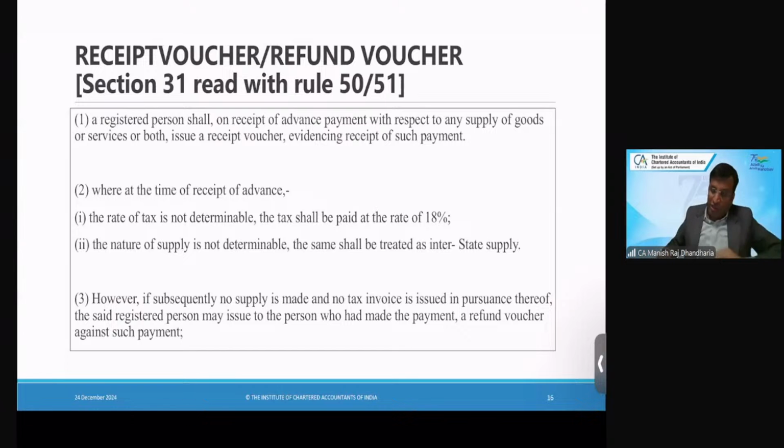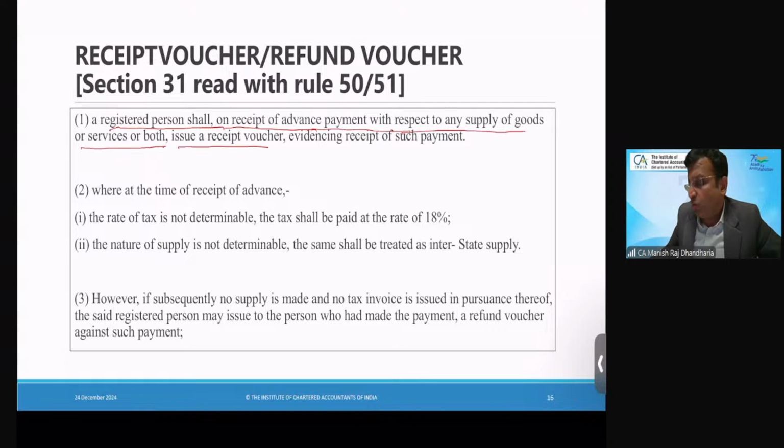So this is the whole concept. Let us read this once. A registered person shall, on receipt of advance payment with respect to any supply of goods or services or both, issue a receipt voucher evidencing receipt of such payment. उसने ये पेमेंट रिसीव किया, उसका प्रूफ के लिए रिसिप्ट वाउचर इशू करेगा.